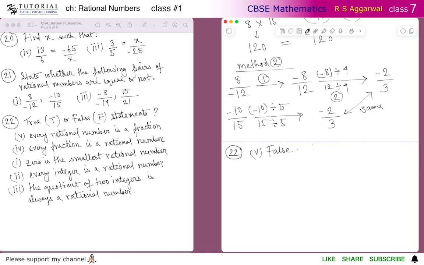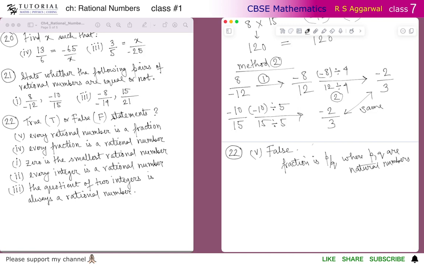A fraction is p by q, where p and q are natural numbers. So p and q can never be negative. Of course, q is not equal to 0.